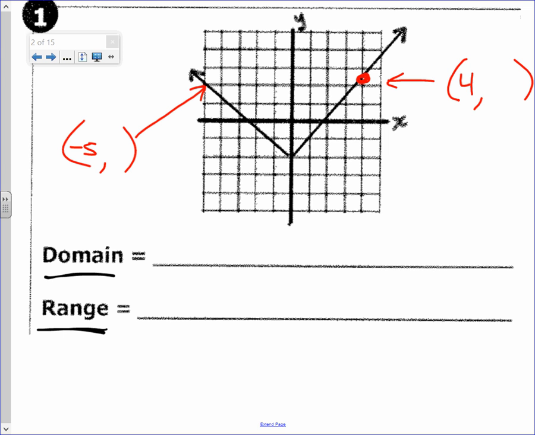Just the input. Input is just the first coordinate, not the output. I'm focusing on the input values, which is what the domain means. The domain is asking, what are the possible input values for a function?